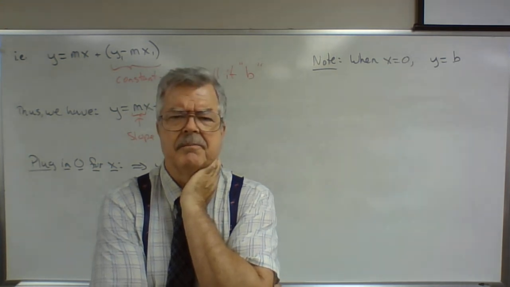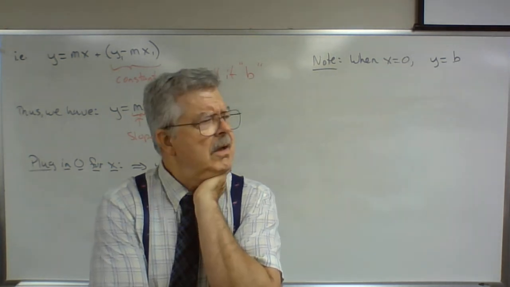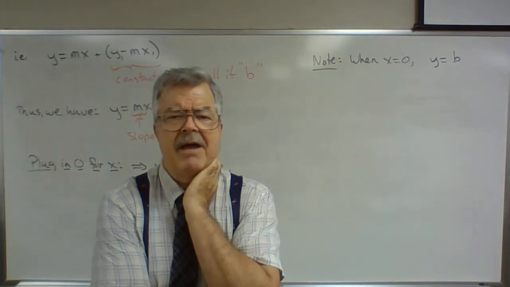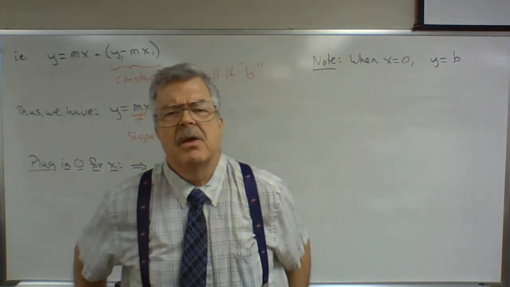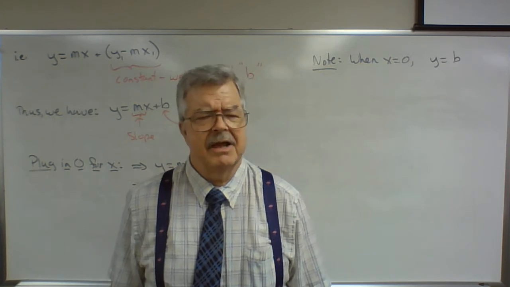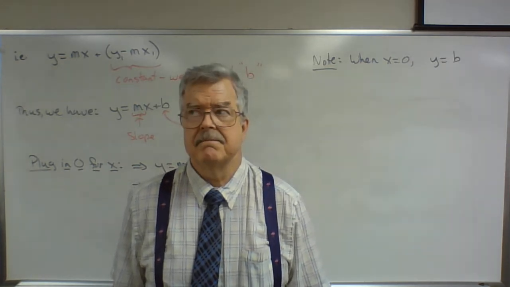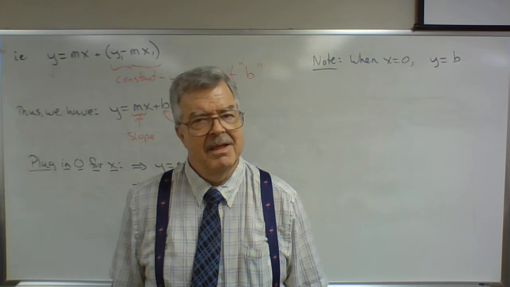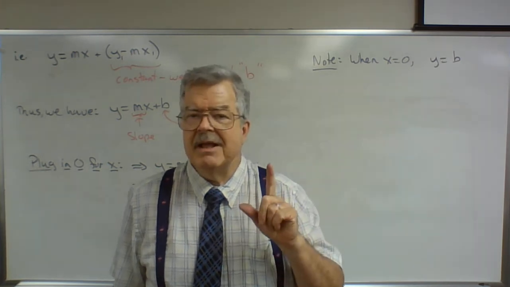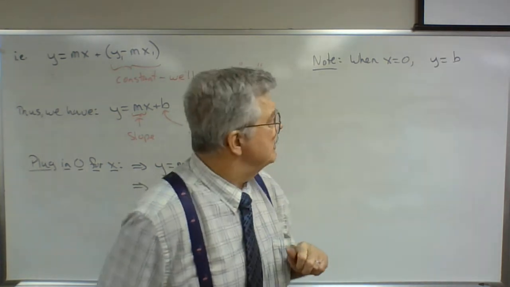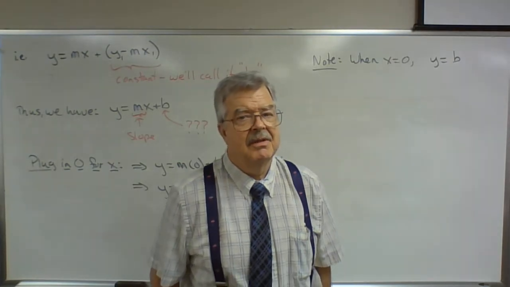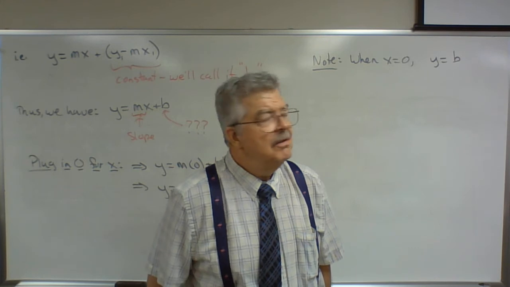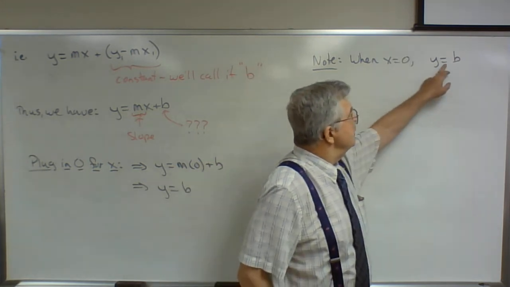Tell me something. If we have a point whose x coordinate is 0, where would we find it in the xy plane? If a point has an x coordinate of 0, isn't it on the y-axis? When x is 0, y is b.